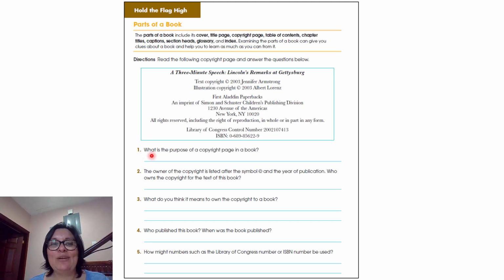Okay, so let's see number 1. What is the purpose of a copyright page in a book? Do you remember I explained why a book has a copyright page? It gives you information about what? About the author? Yes. What else?